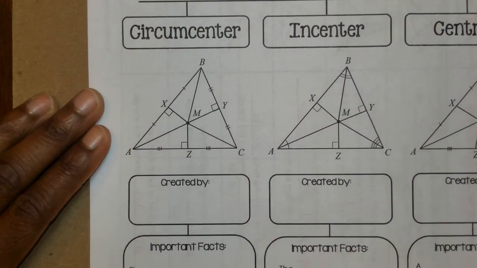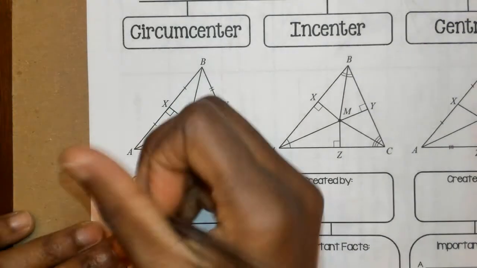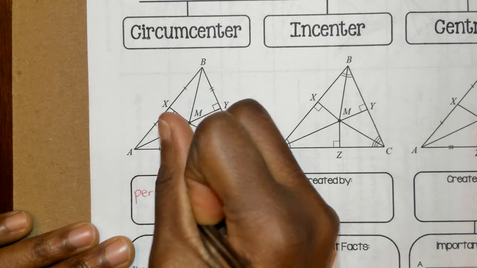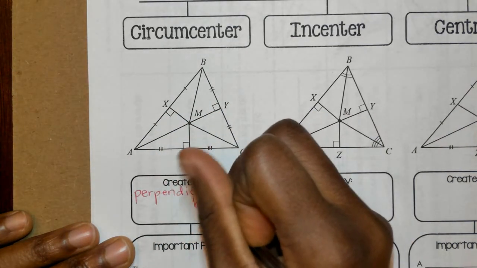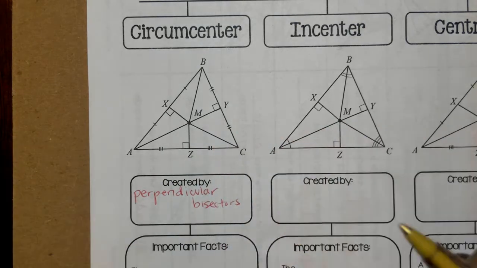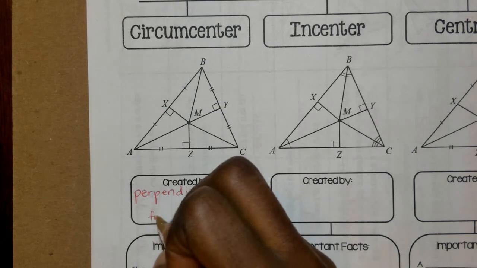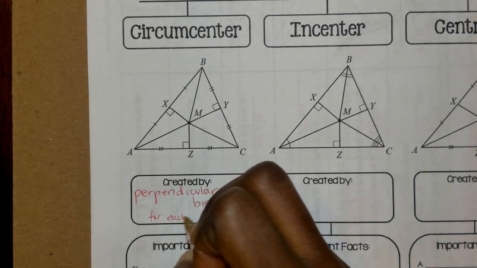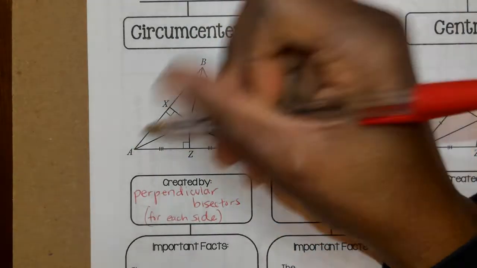Okay, so the first of the three is circumcenter. And this is created by perpendicular bisectors for each side. So let's say we start with side AB.